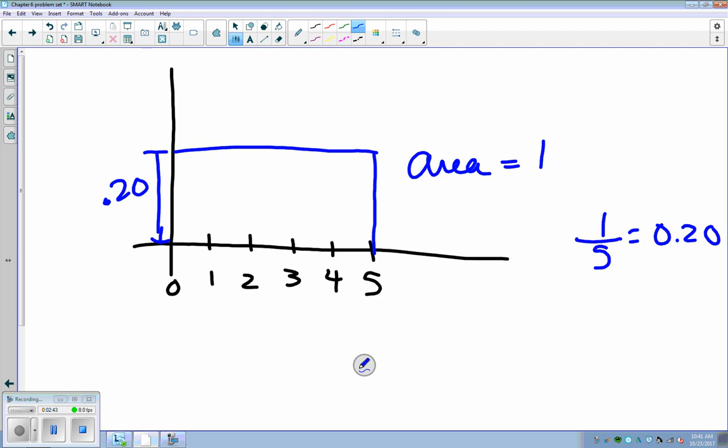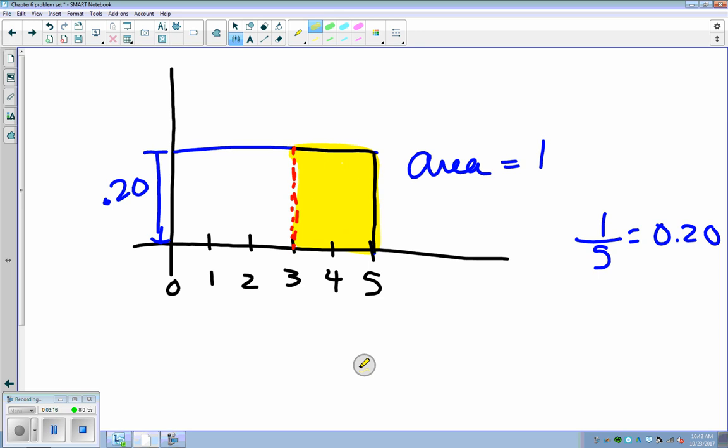Then if I ask, what is the probability that I'm going to wait 3 or more minutes? I'm going to do it just like I did on the normal curve. I'm going to mark 3 minutes right there. Or more, where am I shading? To the right. So this is the area I'm looking for. But we don't need a chart for this area because it's simply a rectangle, correct?